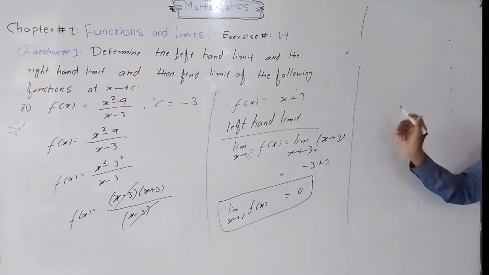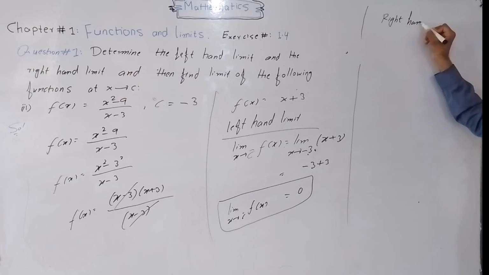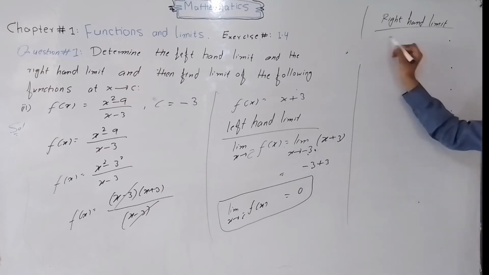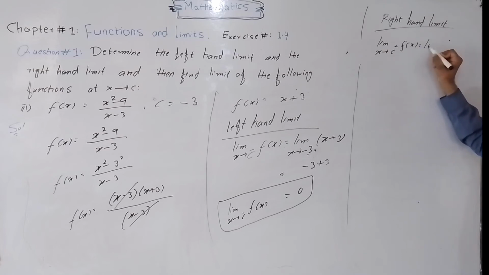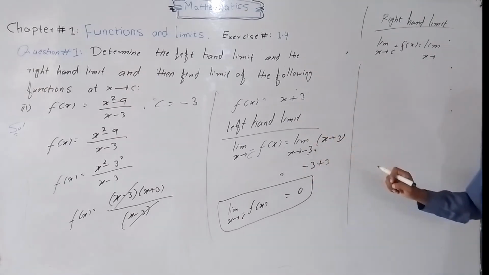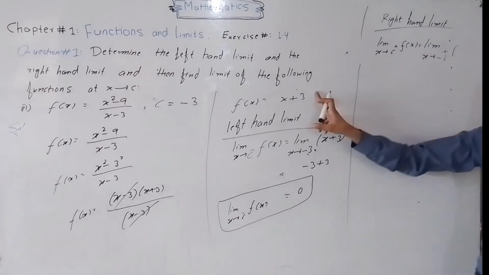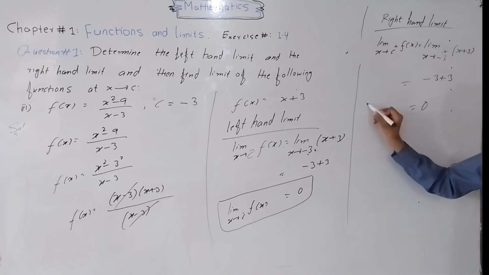Next we check the right hand limit. Limit as x approaches c plus of f(x) is equal to limit as x approaches c, c is equal to minus 3, of f(x) = x + 3, which is equal to minus 3 plus 3, which is equal to 0.